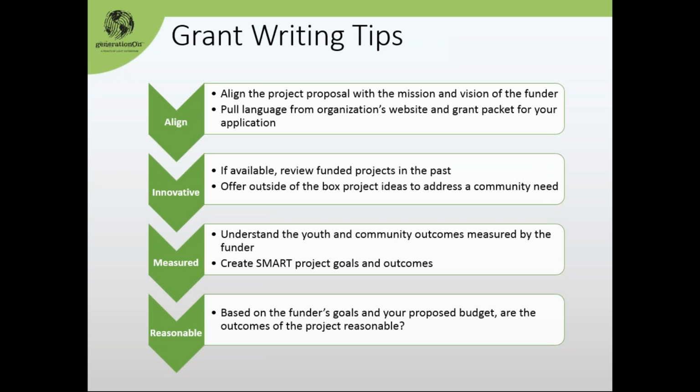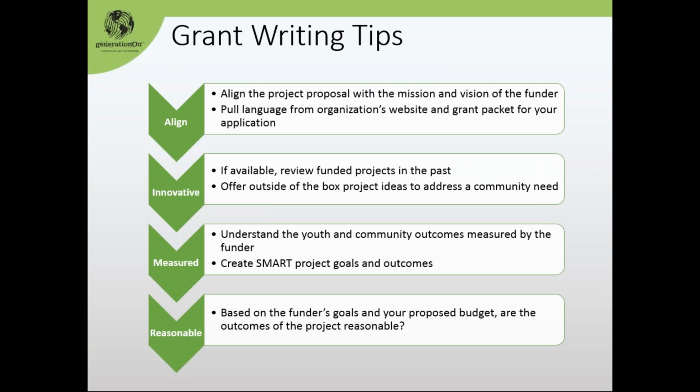And lastly, you want to make sure you create a very reasonable budget. You want to make sure that the outcomes and the goals laid out in the proposal are worth the money. And again, it's because Generation On has to go back to our corporate funders and say, this is the outcome of the money that you gave us. And we want to make sure that those corporate dollars were stretched and benefited the most people as possible.